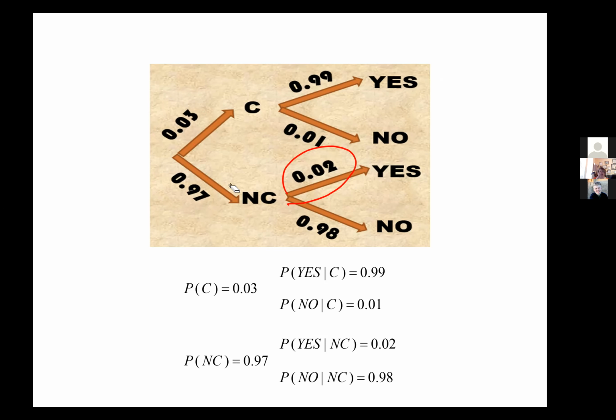The probability of me testing yes, given that I don't have this kind of cancer, is 0.02. So it's a very remote possibility that I test positive when I actually don't have the cancer. But there's a pretty good probability that if I don't have the cancer, the test indicates that I don't. So there's a 98% probability that the test indicates that I don't have cancer when I really don't. Okay?